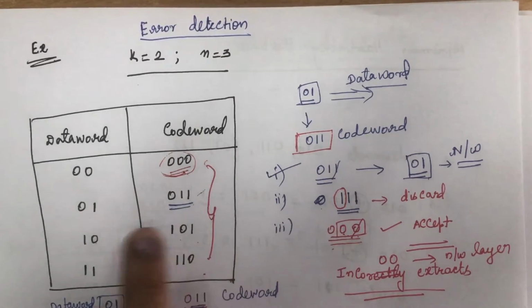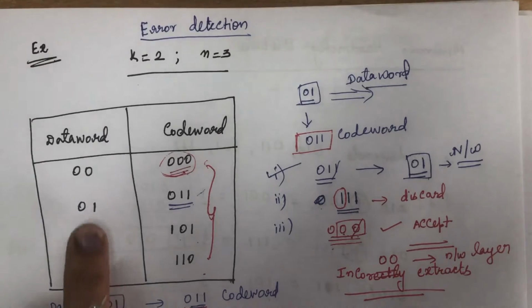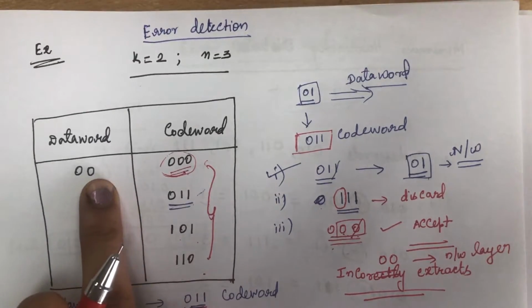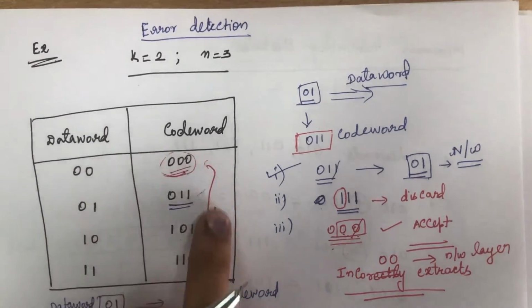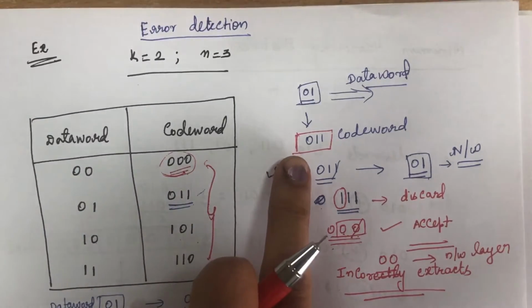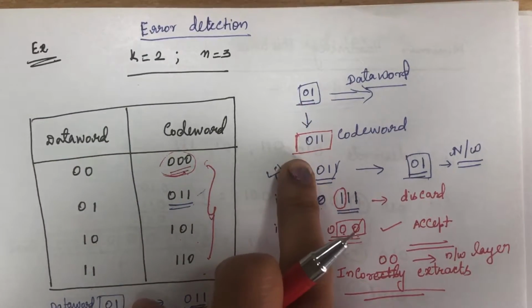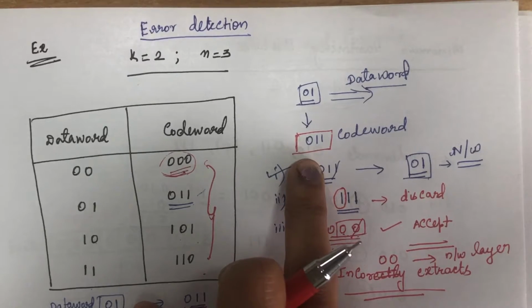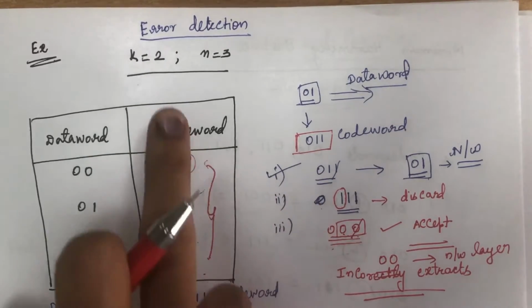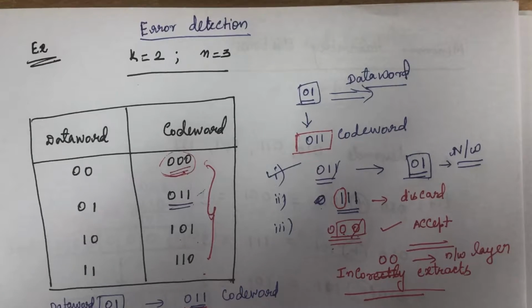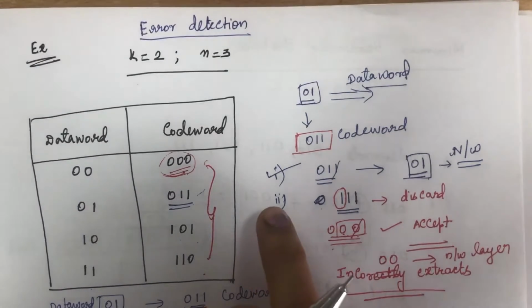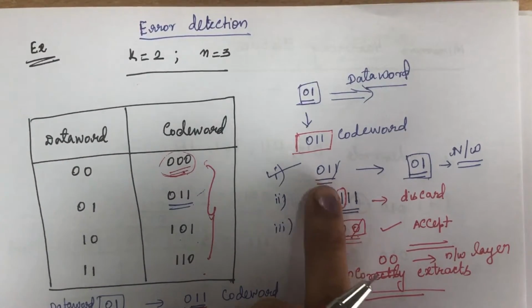So in block coding, we have seen one simple example where these are the list of code words. Whenever the sender is transmitting, it adds redundancy bits, converts into a code word, and sends it, and for error detection we check over here. So we are checking different cases.